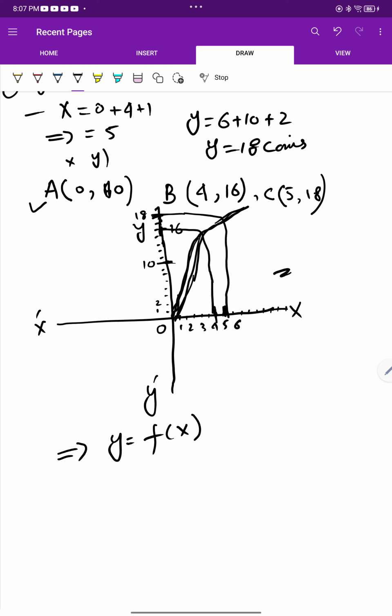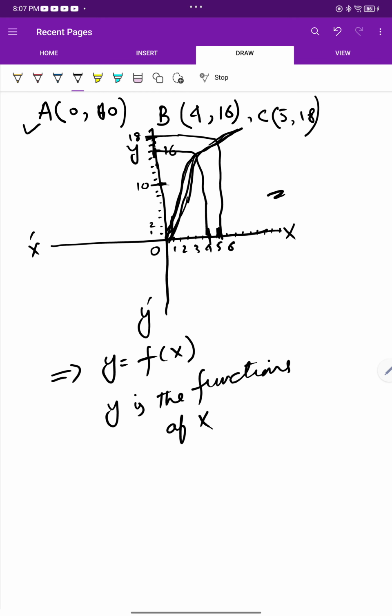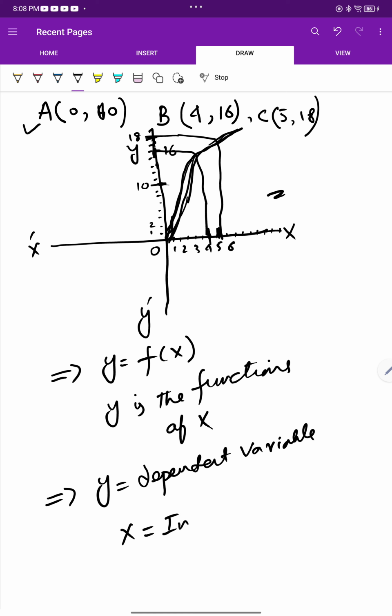Y is a function of x. Or in other words, y is the dependent variable, and x is the independent variable.